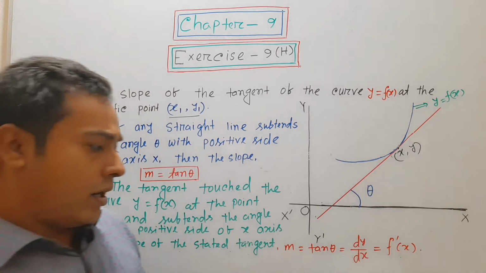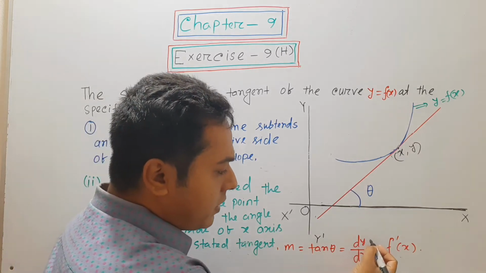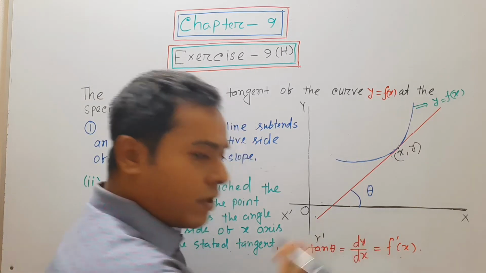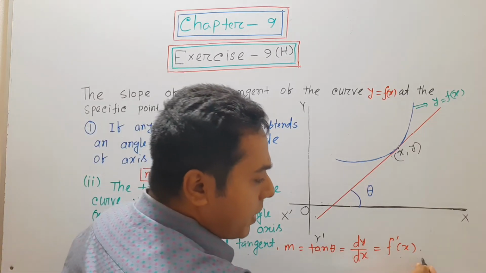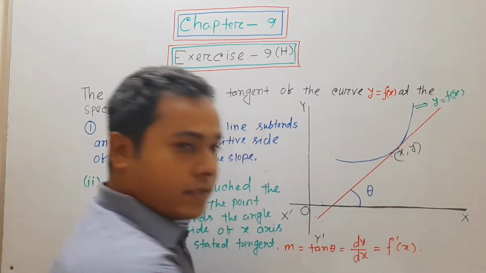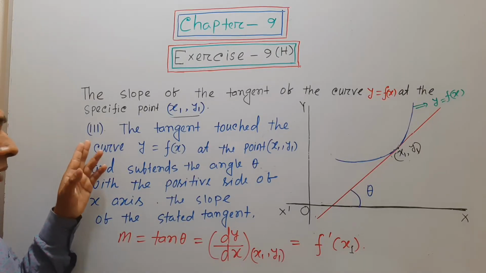By differentiation, we can denote it as dy/dx, and we can also denote it this way, f prime x.